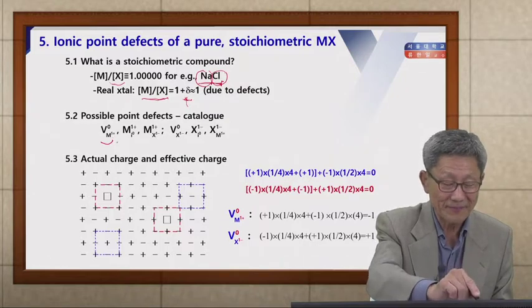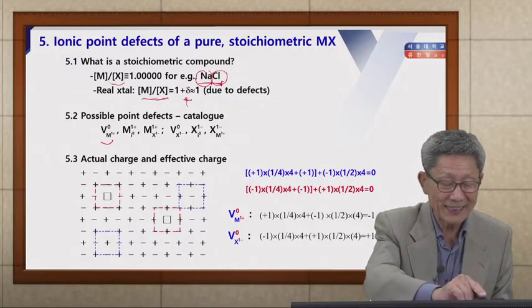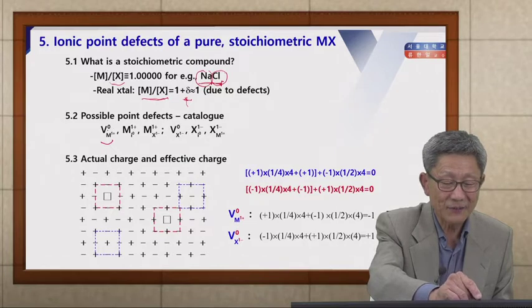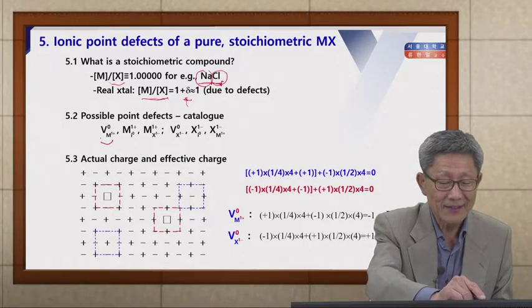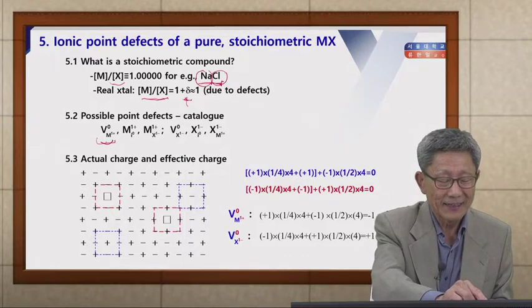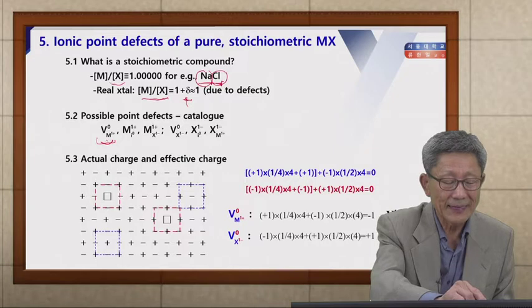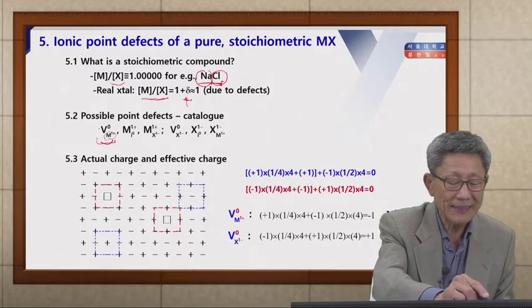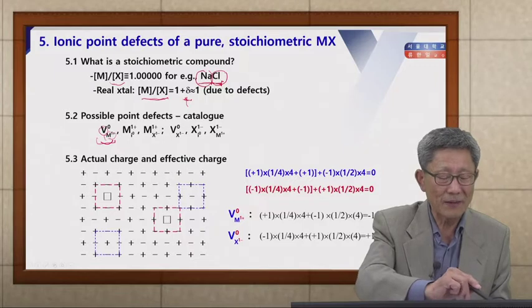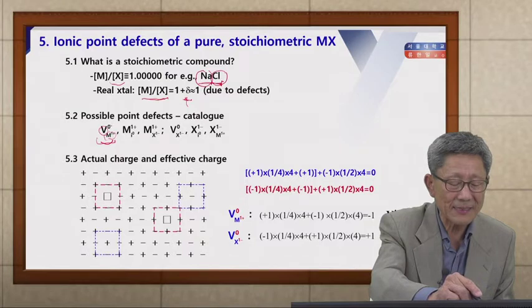Sodium +1. There, you put the emptiness, namely vacancy, which has no charge at all. So we represent this point defect in this way. We normally express the site of defect as the subscript, and then species on the normal place, and then the actual charge of this species is normally written as the superscript.